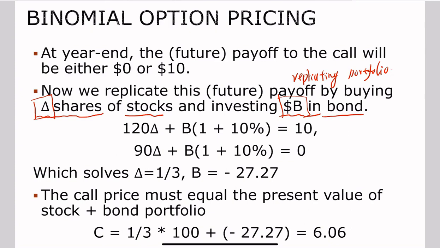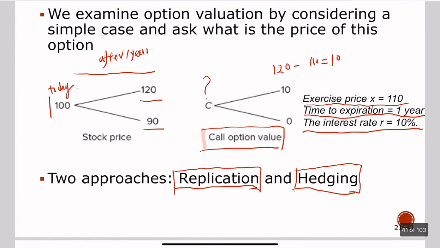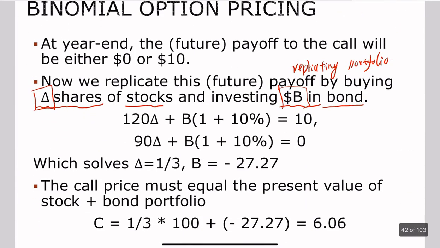Now, our purpose is we want to use this replicating portfolio to replicate the payoff of this call. And we have learned the payoff of this call is either 10 or 0, right? So we just need to replicate these two numbers. Now, how do you replicate these two numbers?